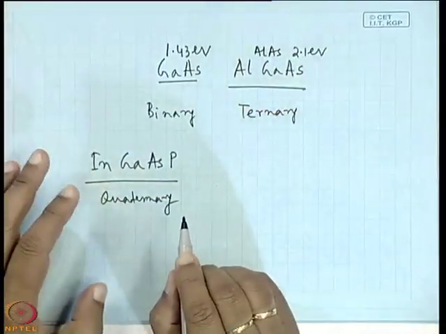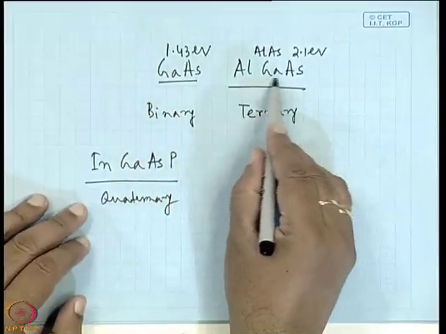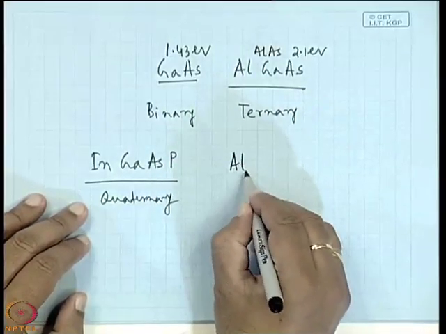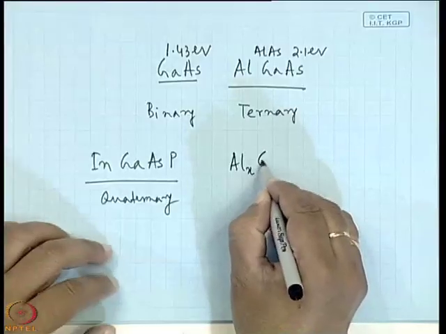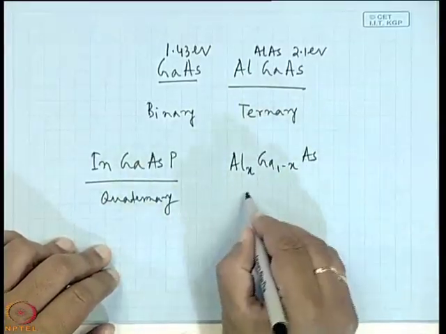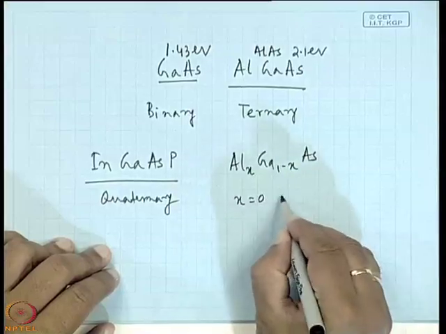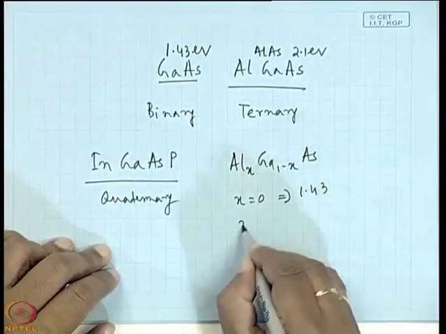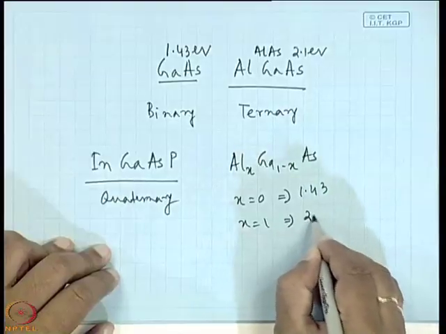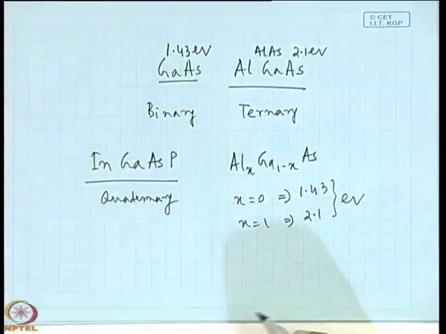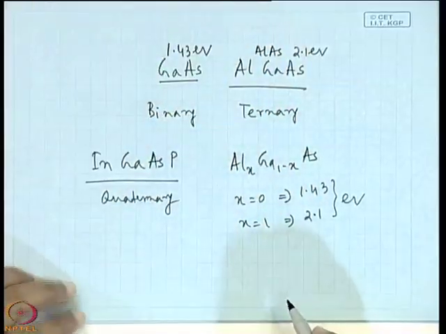So if you make aluminum gallium arsenide, when x equals 0, it is 1.43, and when x equals 1, it is 2.1 electron volt. That means you can tune the band gap from 1.43 to 2.1.